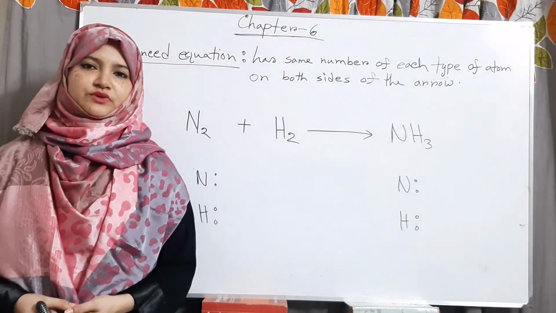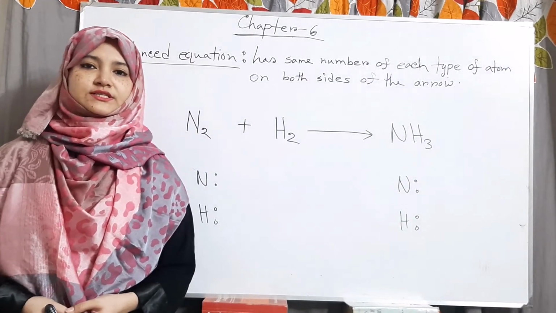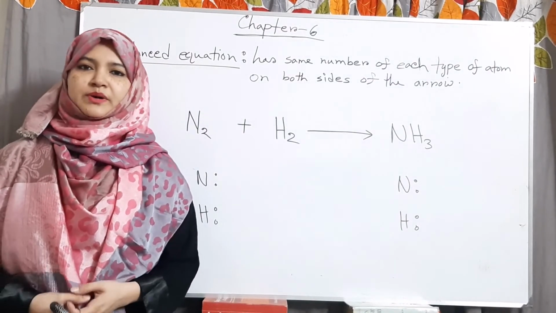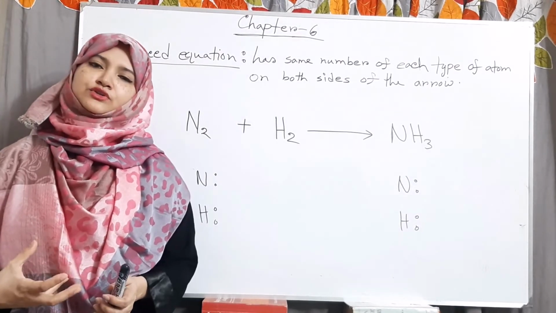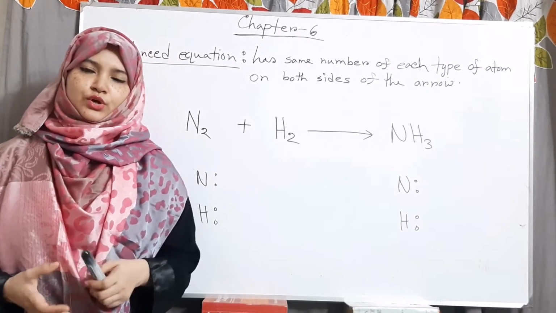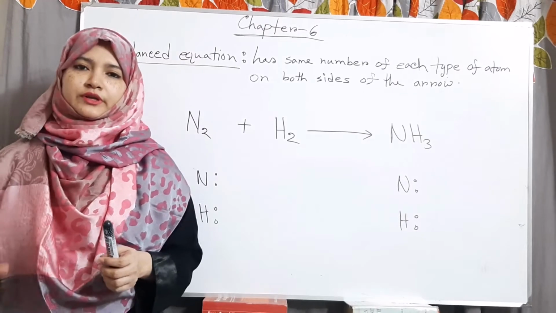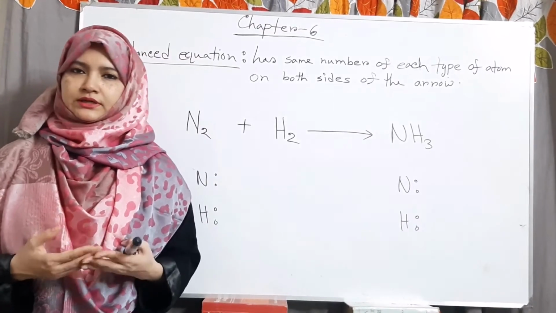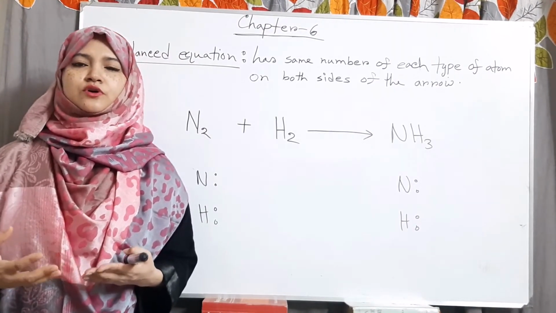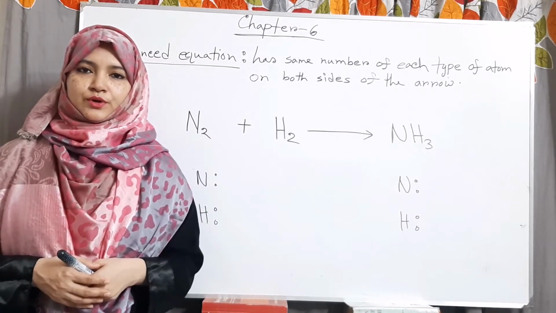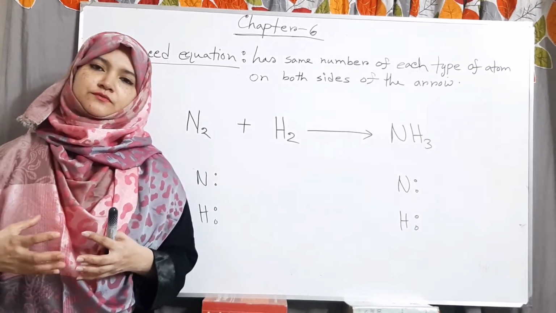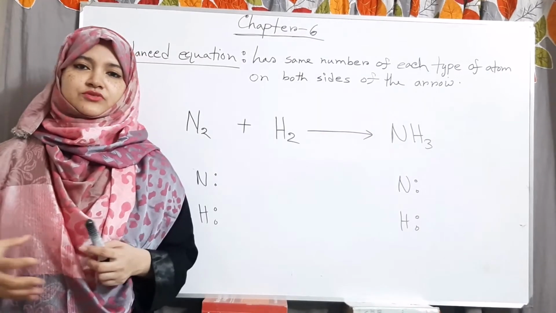Though in a chemical reaction, reactants and products are different substances, they are made of the same atoms. That's why the law of conservation of mass is followed for chemical reactions.